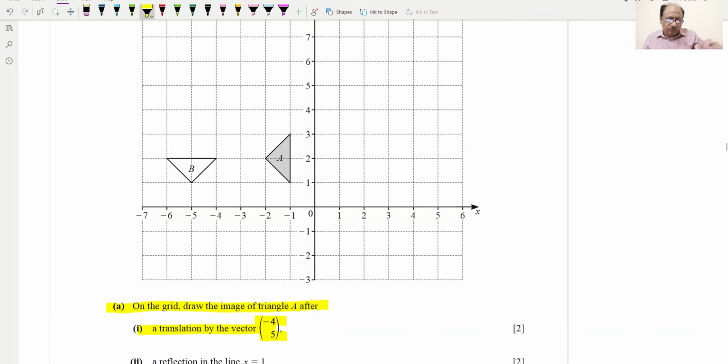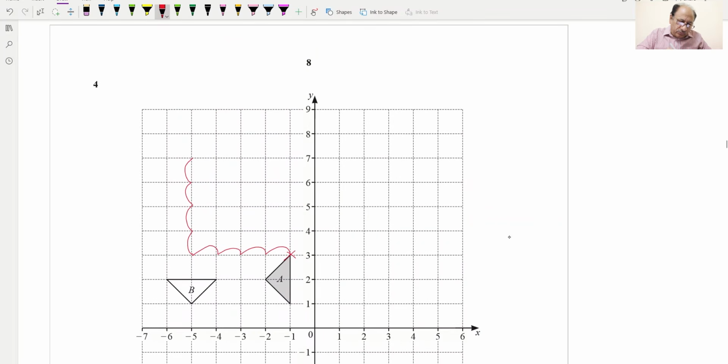So -4 will be 1, 2, 3, 4 units to the left, and 5 will be up. So this point will be translated to this one, and we can erase the explanation part.